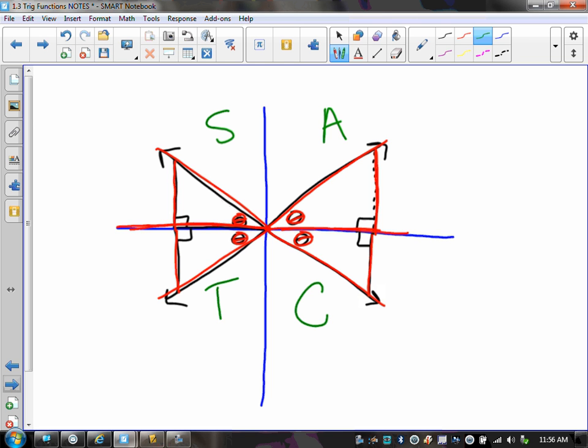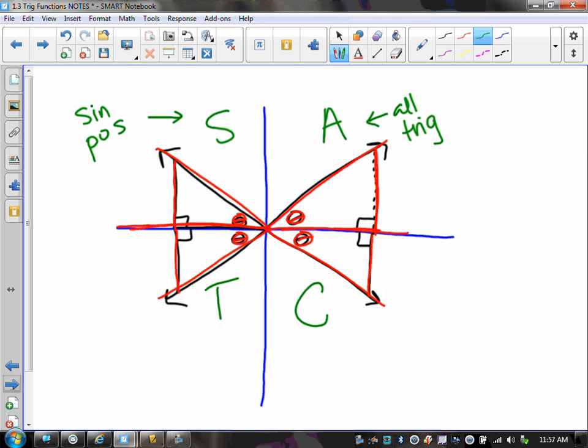What this means is that all trig functions should be positive in this quadrant, because your x's are always positive and your y's are always positive, so no matter what combination, you should always be positive. Over in this quadrant, quadrant 2, sine is positive. Only sine is positive. Your other trig functions should be negative.